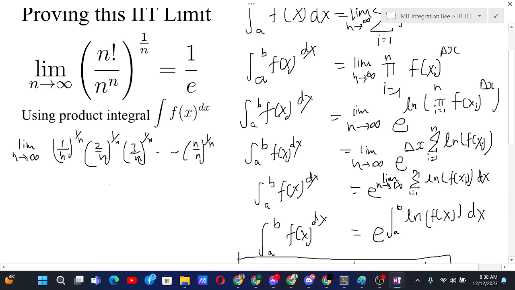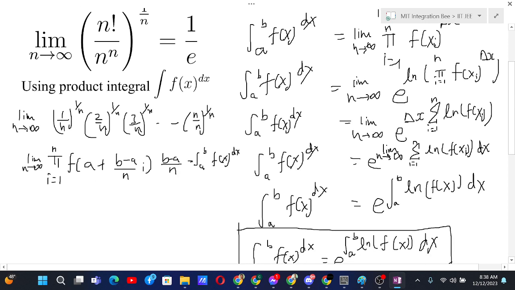Now we know the product integral is actually equal to the product from i equals 1 to n, and then f of xi is f of a plus (b minus a) by n times i, and delta x is (b minus a) by n. And when n goes to infinity, this will be the product integral from a to b of f of x to the power dx.